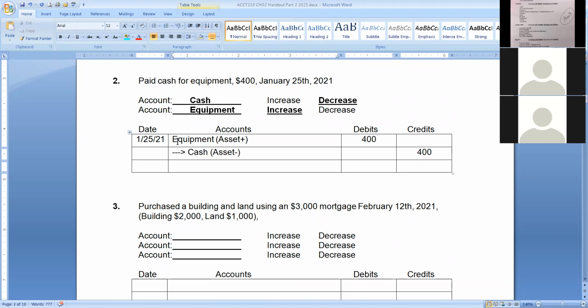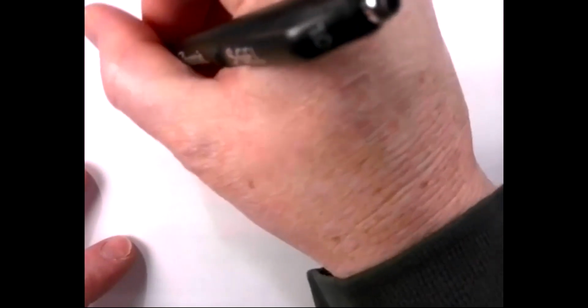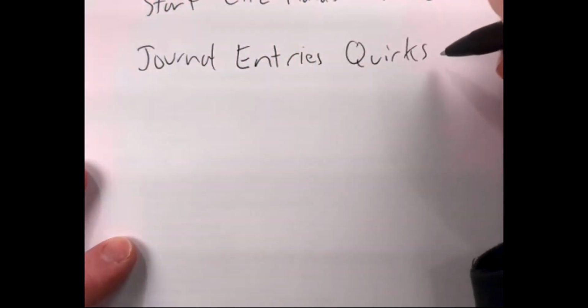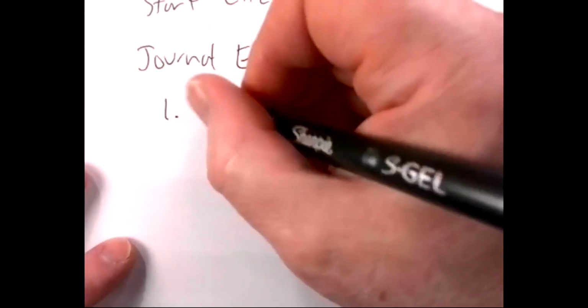Okay, so here are the kind of quirks to the journal entries that I should probably talk about now. And this is only for textbook. First quirk.